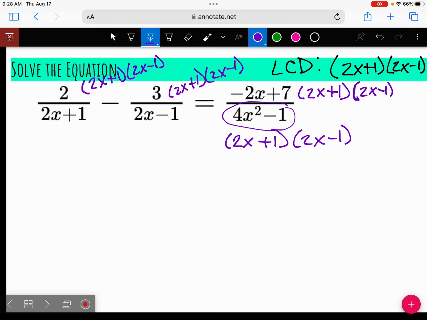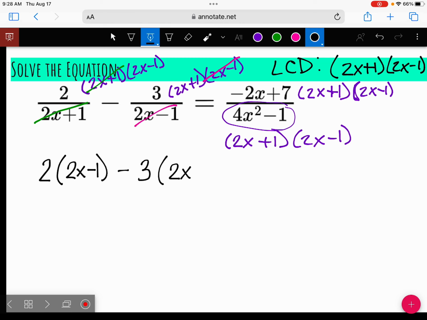If I multiply everybody by that common denominator, I can simplify each of these pieces and get rid of the fractions. Because 2x plus 1 cancels out, leaving us with 2 times 2x minus 1. Minus, 2x minus 1's cancel out, 3 times 2x plus 1. This guy cancels and that guy cancels, and we just get our minus 2x plus 7 over here.